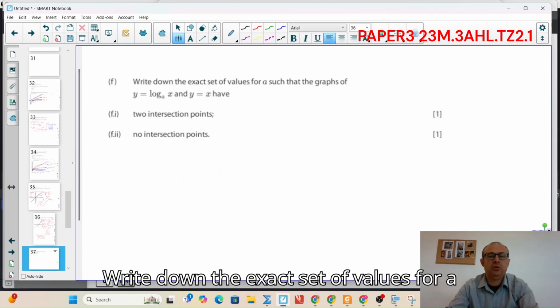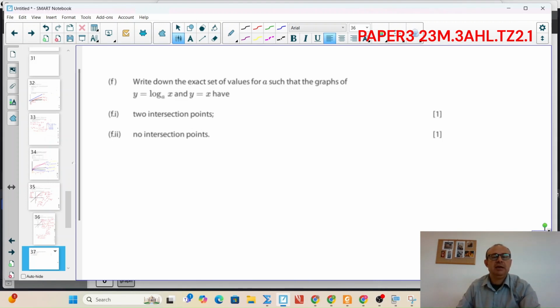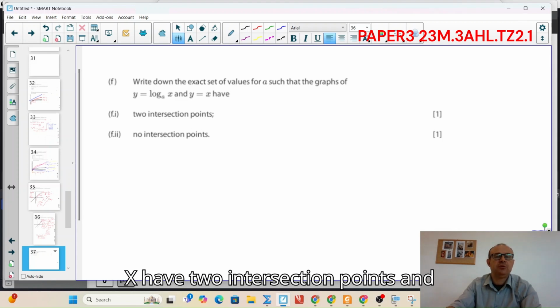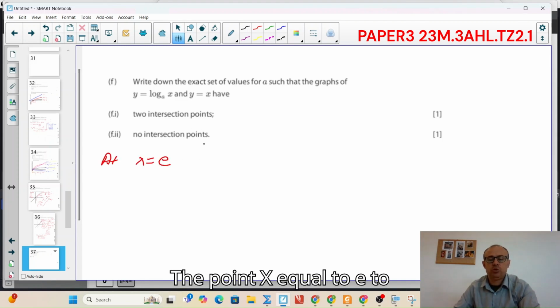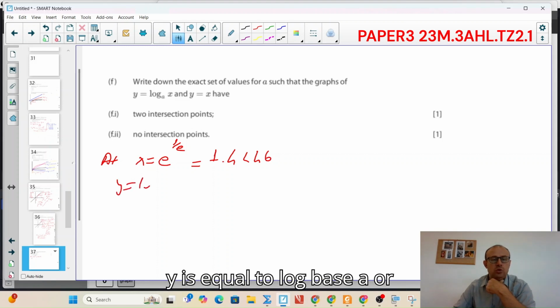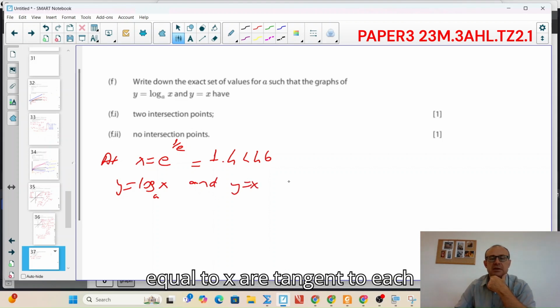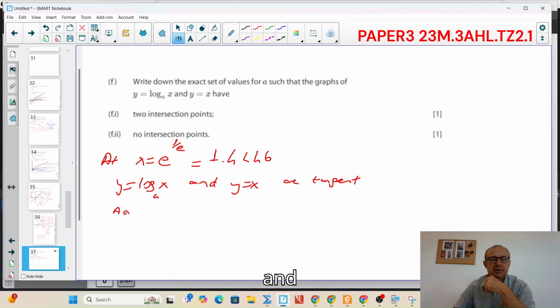Write down the exact set of values for a such that the graphs of y is equal to log base a of x and y is equal to x have two intersection points, and for part ii, no intersection point. Now, at the point x equal to e to the power 1 over e, which we said is 1.4446, y is equal to log base a of x and y is equal to x are tangent to each other.